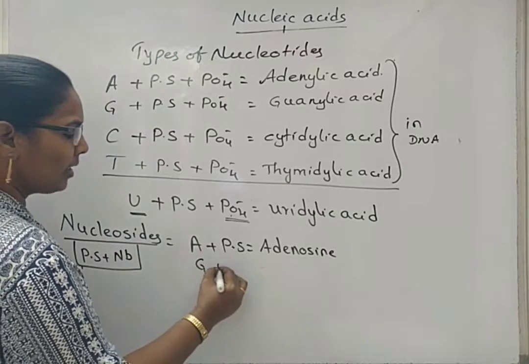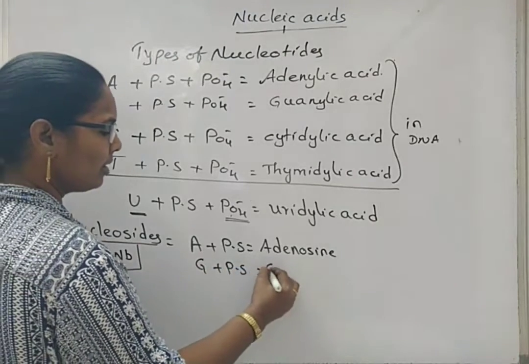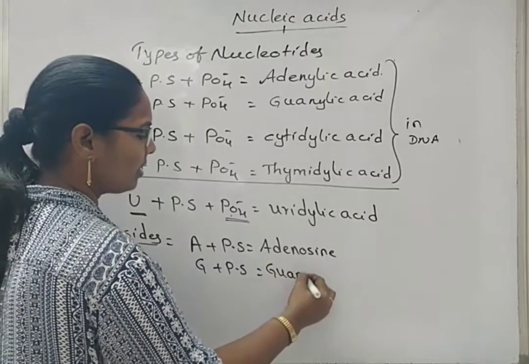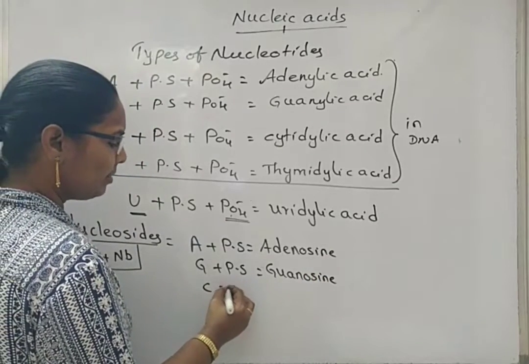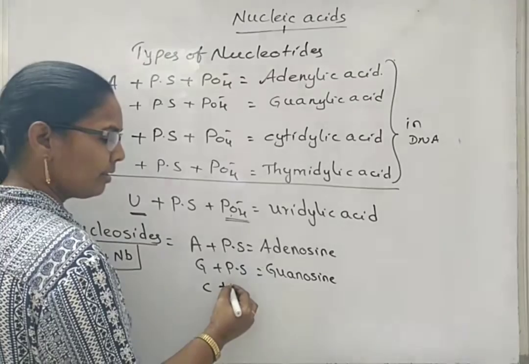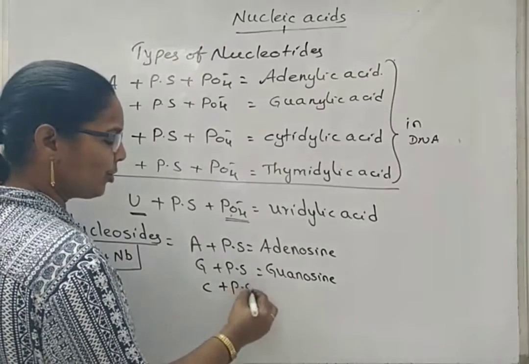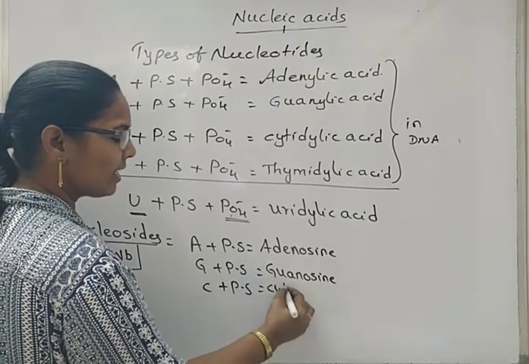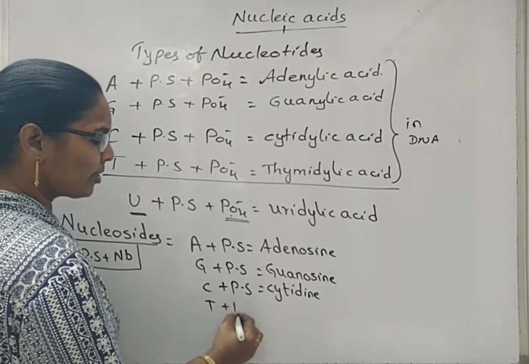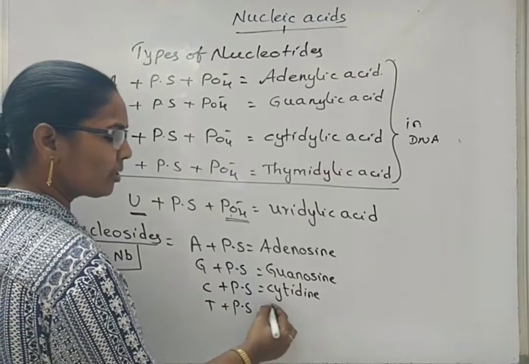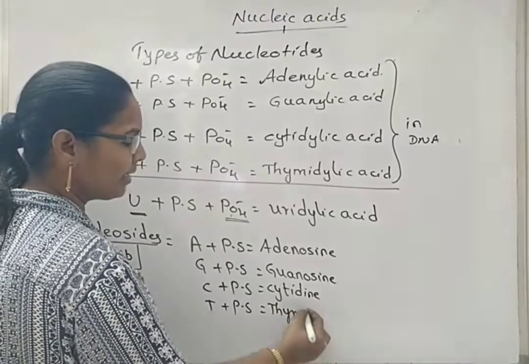Another one, guanine plus pentose sugar is guanosine. Cytosine plus pentose sugar is called as cytidine. Thymine plus pentose sugar is called as thymidine.